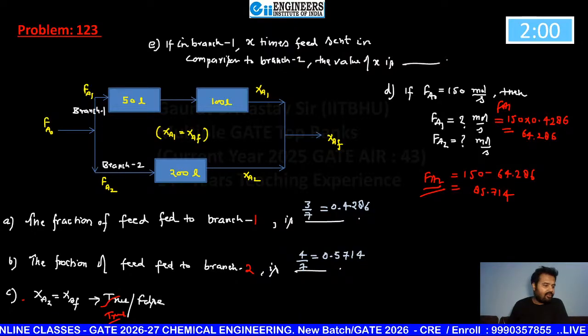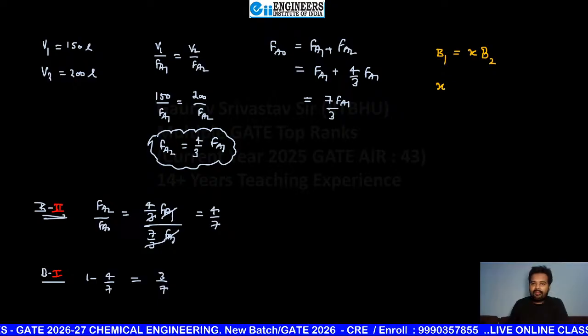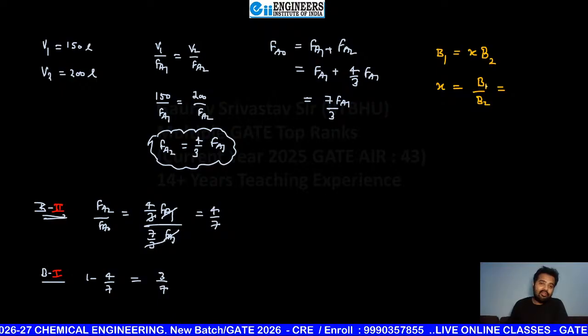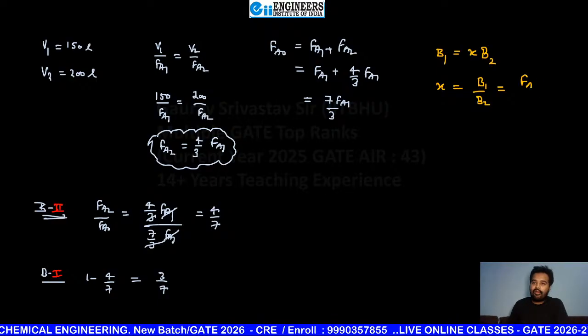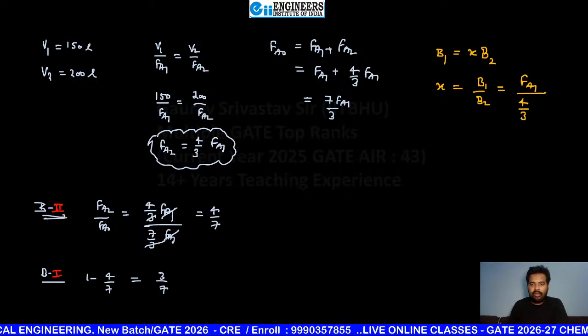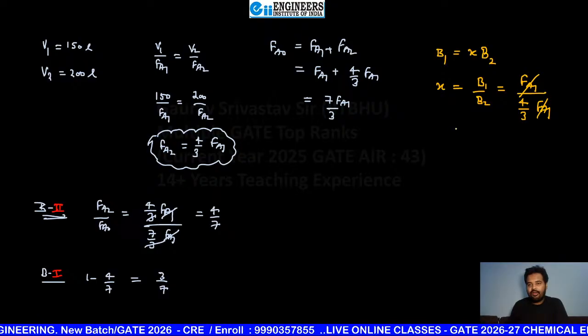So x times of branch 2 in branch 1. So x is clearly the ratio b1 by b2. What is the value of b1, branch 1 feed? That is your fa1. Okay, and in branch 2 how much? It's 4 by 3 fa1. fa1 cancelled, so 1 by 4 by 3, that means you can write 3 by 4.